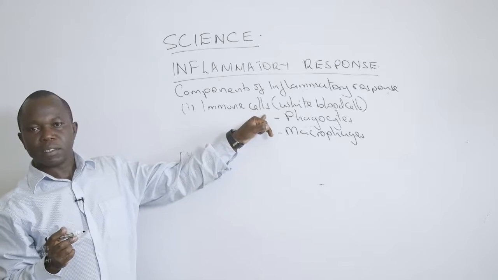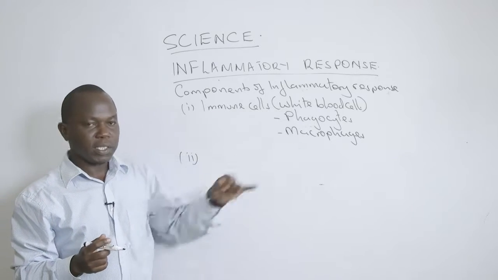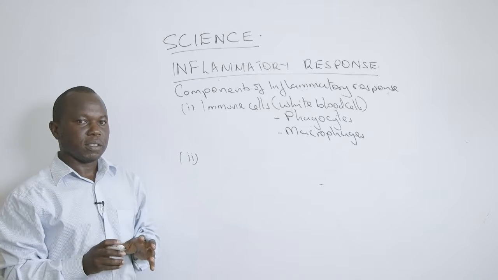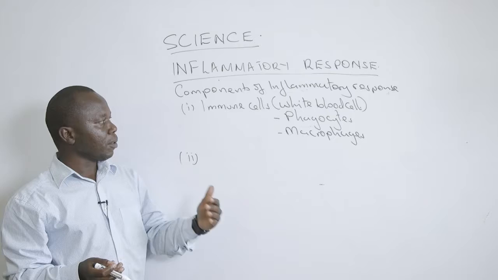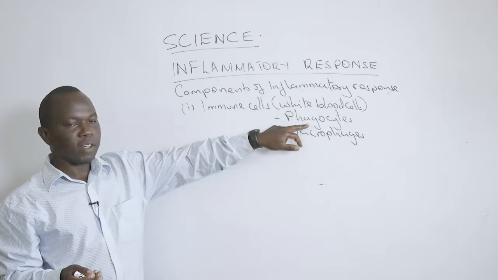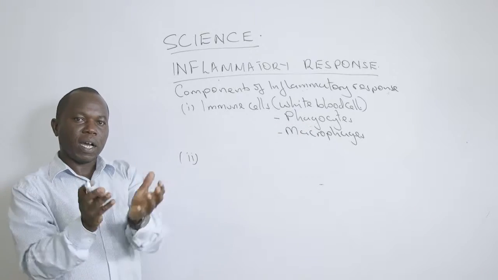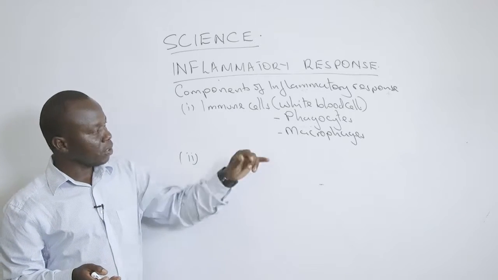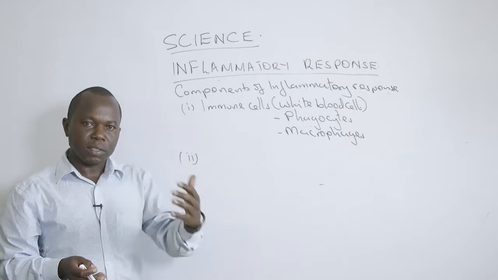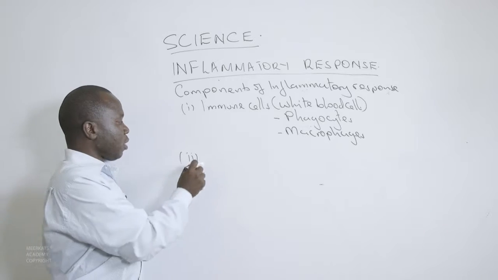So immune cells are for fighting the pathogen, for killing the bacteria. We have different ways of killing bacteria using the immune cells. The phagocytes, for instance, will engulf the pathogen and release lytic enzymes. Those lytic enzymes are going to destroy the pathogen.